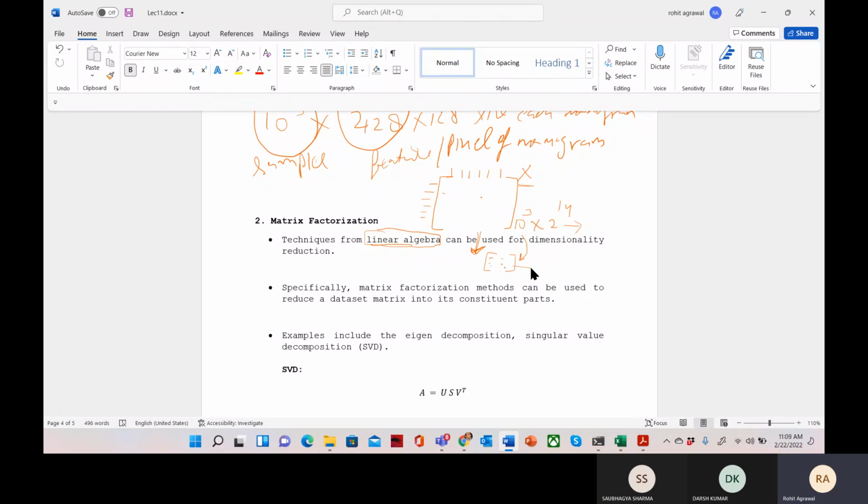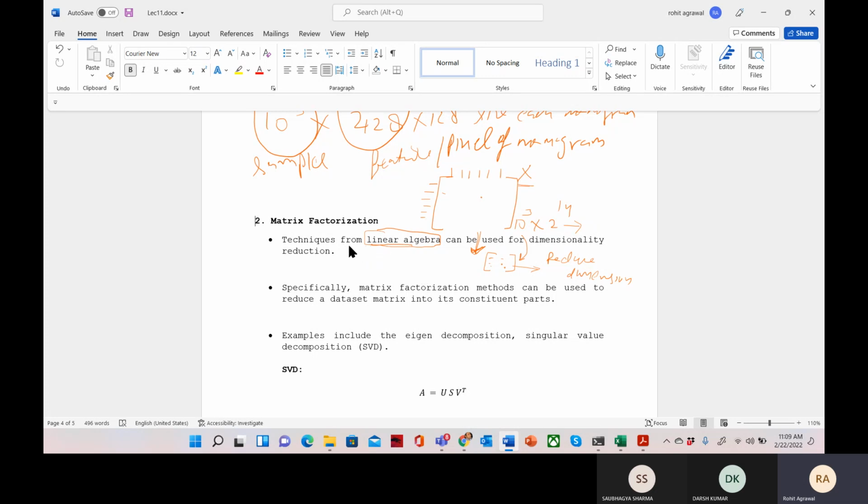And this might have some important features with a reduced dimension. Or if the dimension is the same, then we can extract some important columns or some important rows. Okay, so we will see here. So this one is clear.